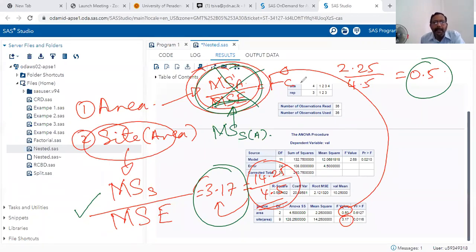Unless we tell the computer to replace this by this particular component, the computer will not do that. By default, automatically, the computer divides all the mean squares by the error mean square to test it. Everybody understood that?